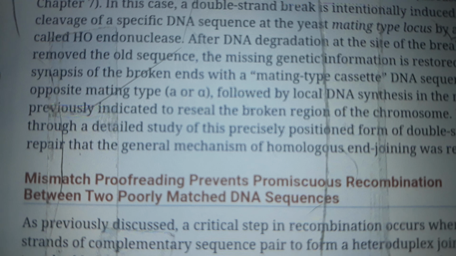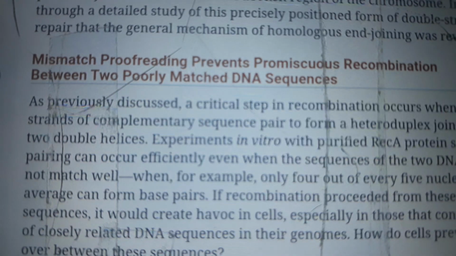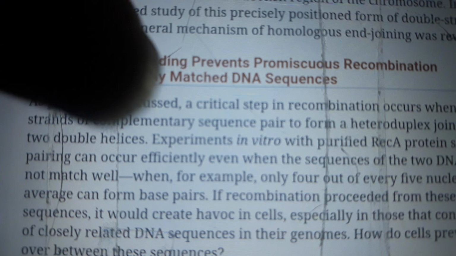After DNA degradation at the site of the break has removed the old sequence, the missing genetic information is restored by synapsis of the broken ends with the mating type cassette, DNA sequence of the opposing mating type, a or alpha, followed by local DNA synthesis in the manner previously indicated to reseal the broken region of the chromosome. In fact, it is through a detailed study of this precisely positioned form of double-strand break repair that the general mechanism of homologous end joining was revealed.